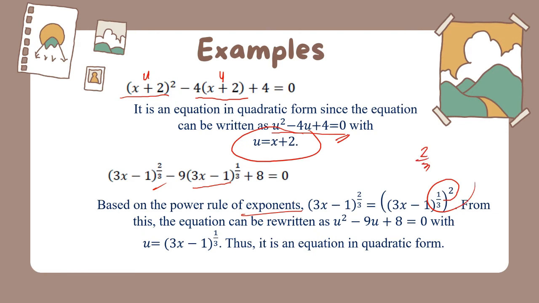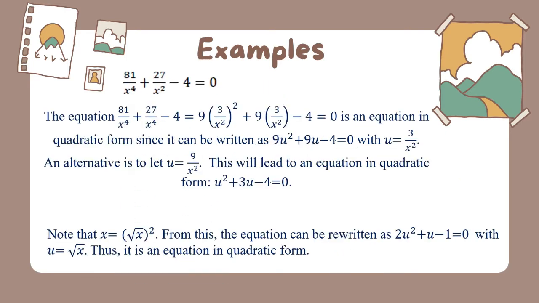And from this po, the equation can be written as u squared, since this is u, minus 9u plus 8 is equal to 0, with u is equal to the quantity 3x minus 1 raised to 1/3 po. So, ito po yung ating naging quadratic form.